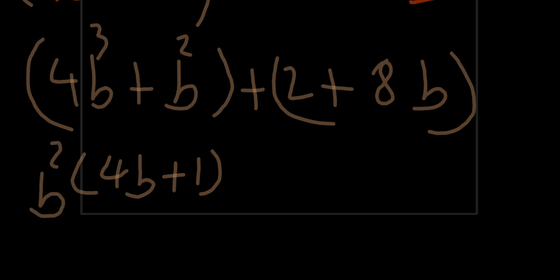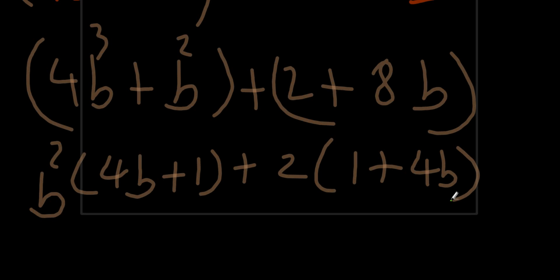If we factor the other group, we get what is common. 2 is common, and so we have 1 plus 4b. And here, they are basically the same. It is in a different order, but it's the same thing.